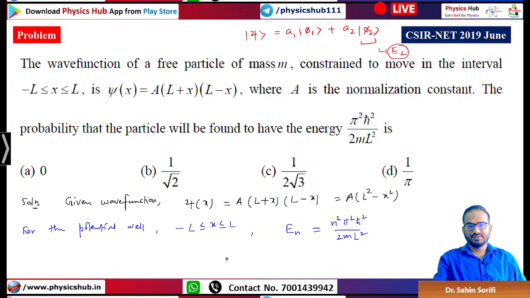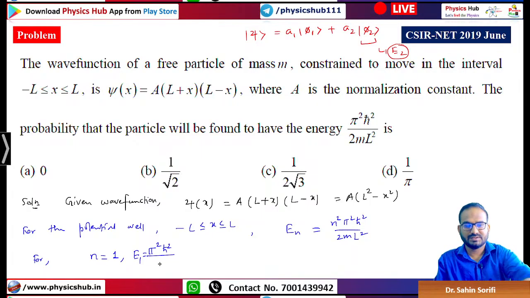Okay. So if you put n is equal to 1, you get E1, pi square h cut square by twice m L square.